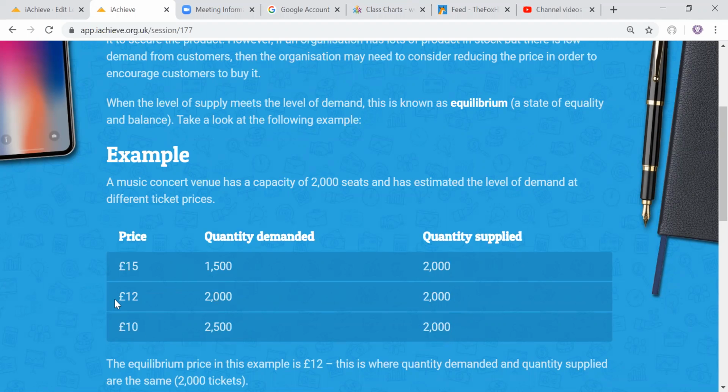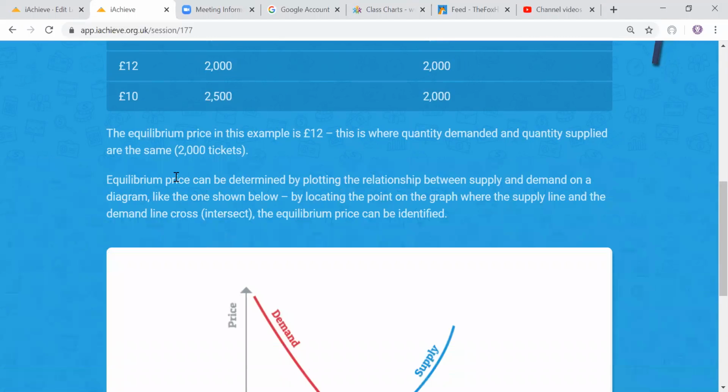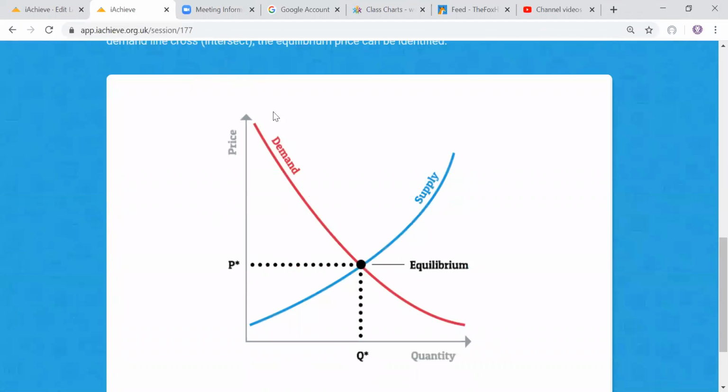So the equilibrium price here is the price at which the quantity demanded equals the quantity supplied. So it's £12. That is the optimum price for these tickets to sell all 2,000 tickets. This is shown on the graph below, and this graph is one that will appear on your exam, or you will be asked to sketch it.